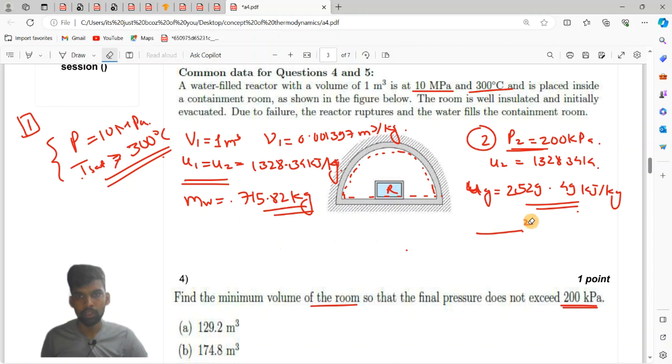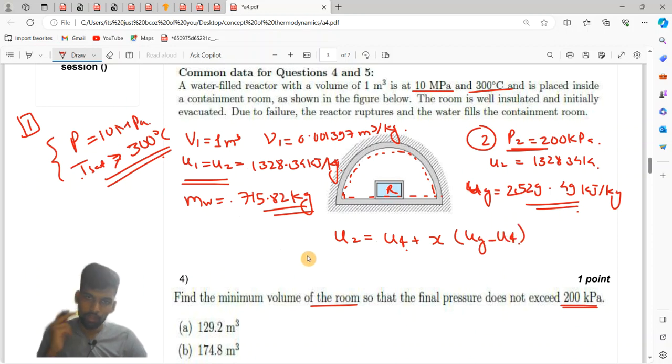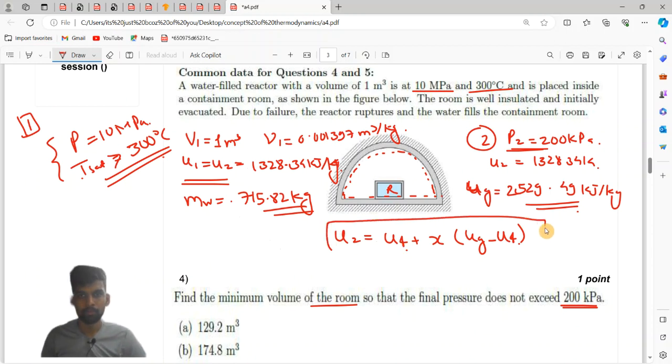Since u2 is with us, we can write u2 as Uf plus x times Ug minus Uf. Okay, this is the equation.